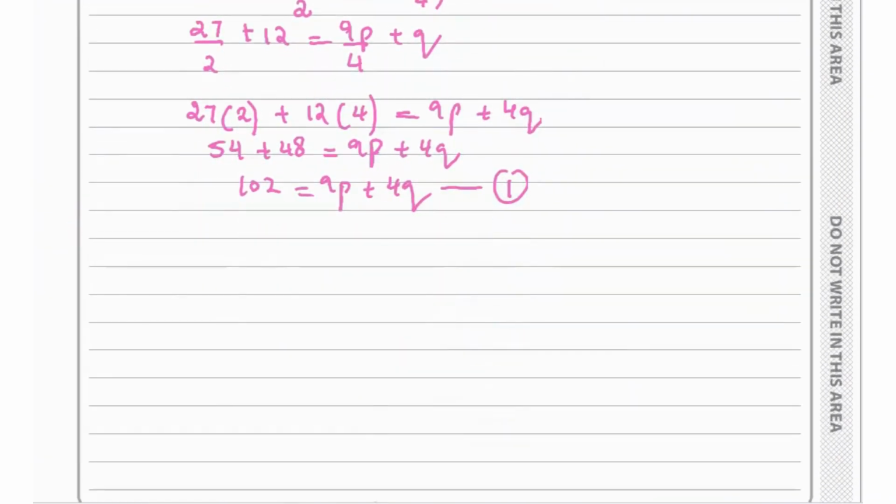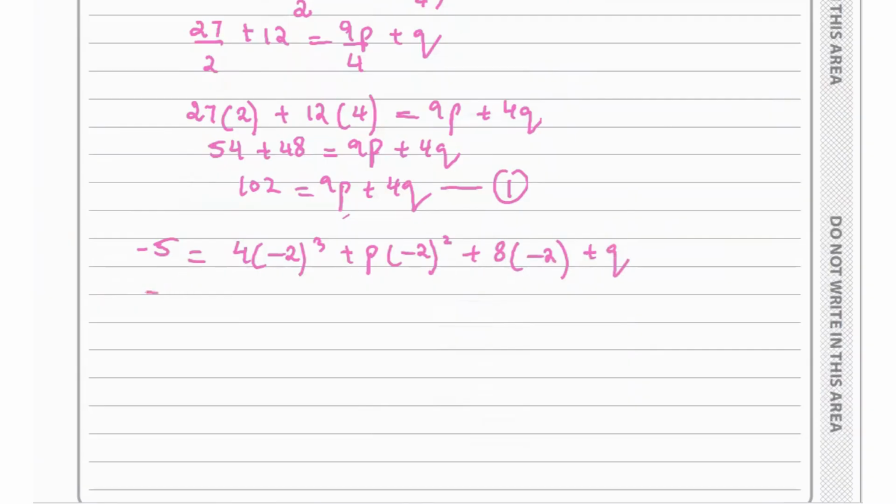So the next equation is going to be -5 equals 4 times (-2)^3 plus p times (-2) squared plus 8 times -2 plus q.